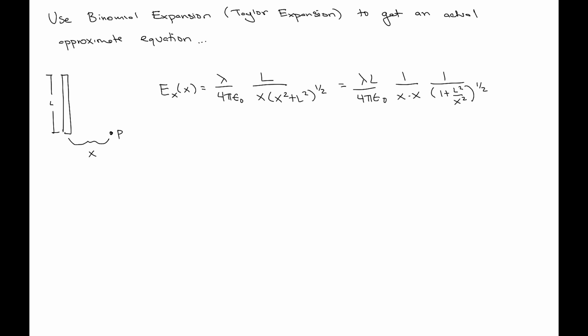Basically, I want to be able to make a really meaningful approximation here. If I take X to a really big number, this part of the equation is going to go to 1. That's one way to think about why we factor it out.